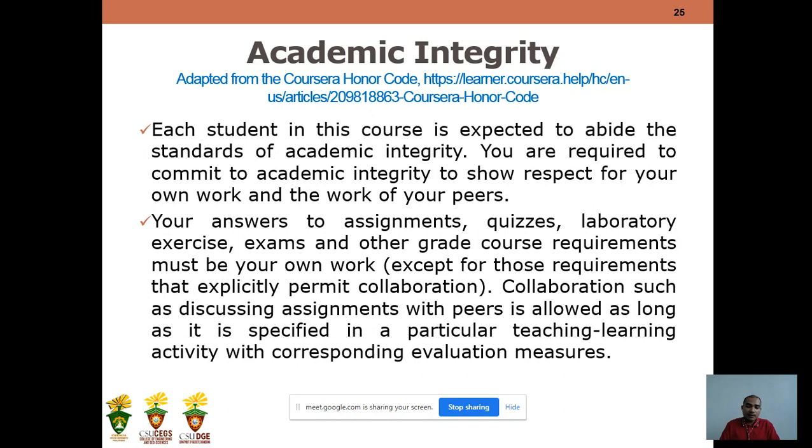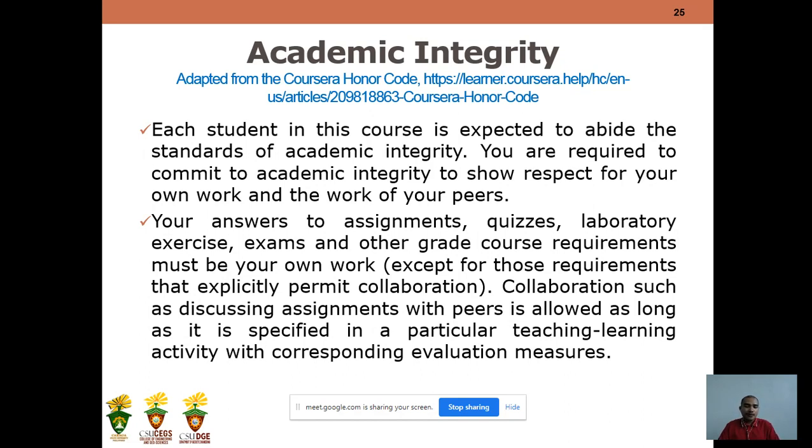So there are also graded course requirements where the instructor permits collaboration. For example, laboratory exercises in making laboratory reports.